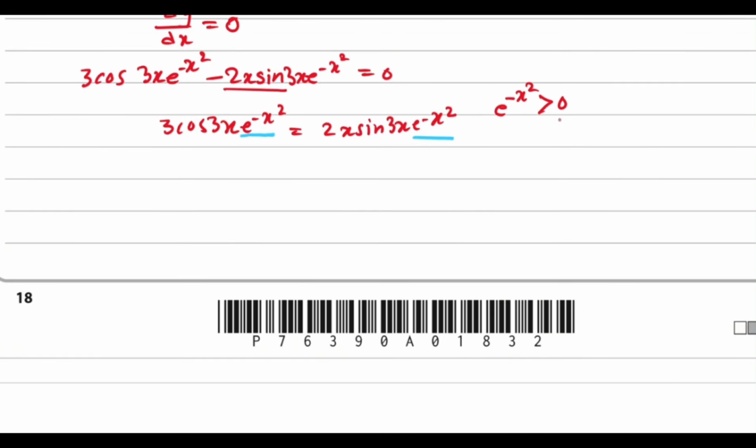And we see that this is definitely the case, because as this is a power function and the base is positive, there is no power that will make that base equal 0. So that's why we can cancel it out. So our simplified equation stays as 3 cos 3x equals 2x sine 3x.